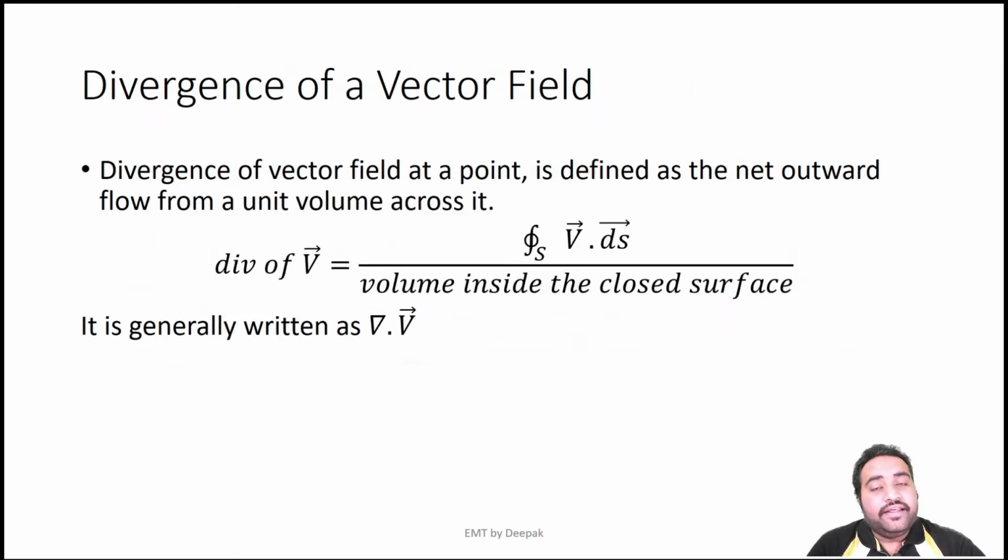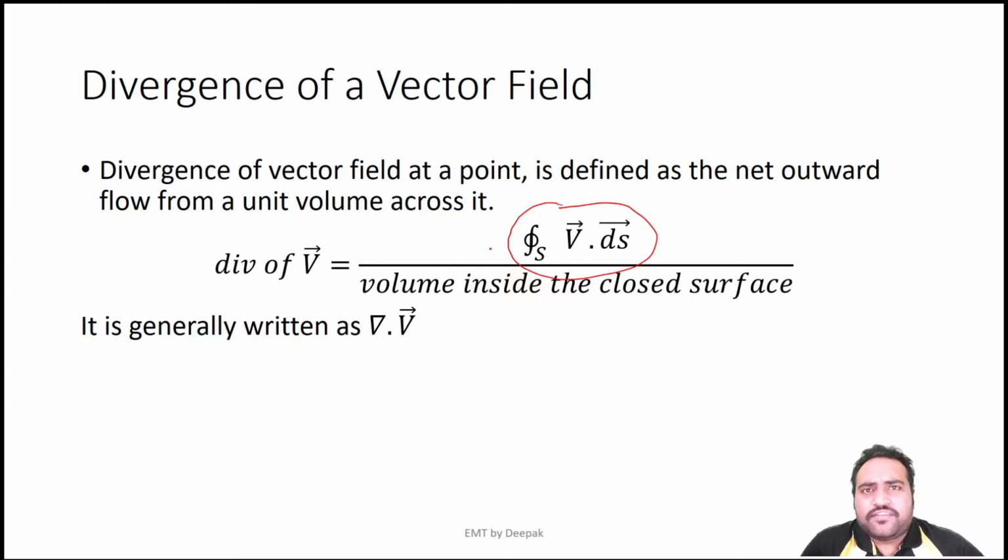Right? Let us look back at the definition of the divergence. Divergence is net outward flow per unit volume, whereas the closed surface integral gives us the net outward flow for a given volume. So to determine net outward flow per unit volume, we simply divide the net outward flow for a given volume by the volume given.